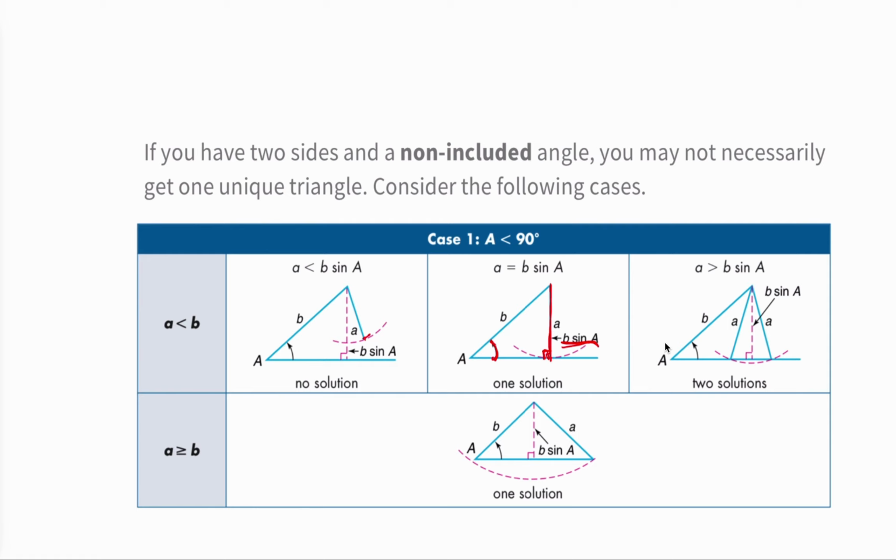If side A is less than that, you're not going to get a triangle because that side won't actually reach the other side of the triangle. If side A is more than that, you could have two triangles, right? One with an obtuse angle here and one with an acute angle here.